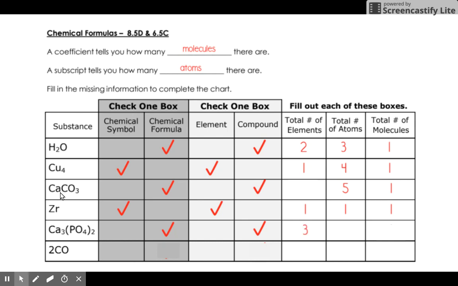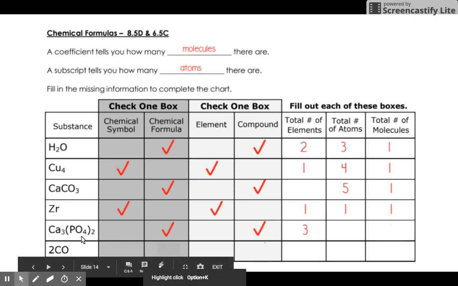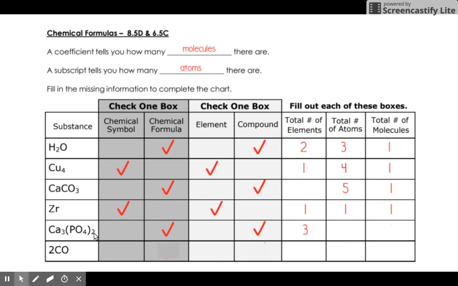Now, here's the tricky part because you're going to have to multiply the 2 by everything inside of the parentheses, which lets me know that I'm going to have 13 total atoms. And I will pause the video to let you know how I got to 13. Total number of molecules. There's no coefficient in front, so that lets me know there's only 1.